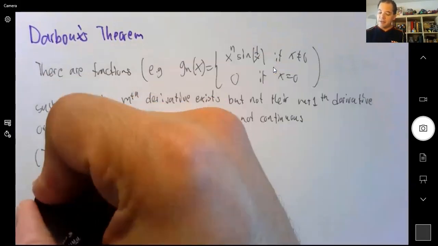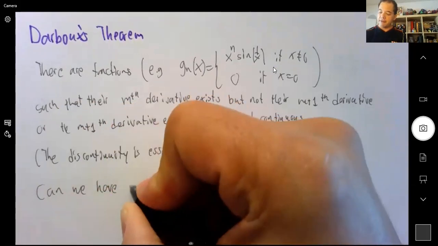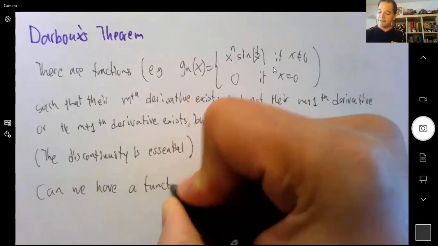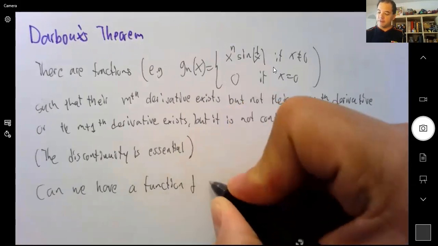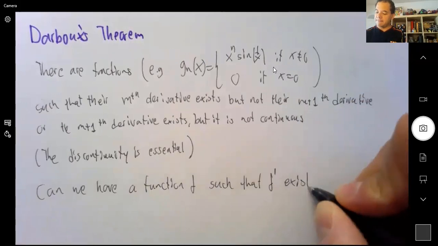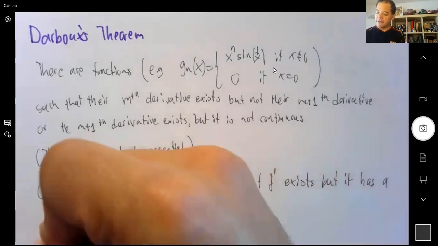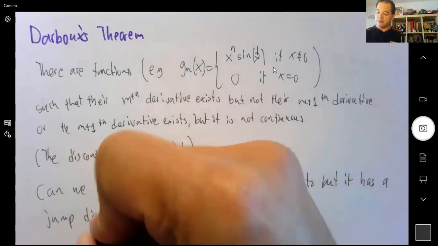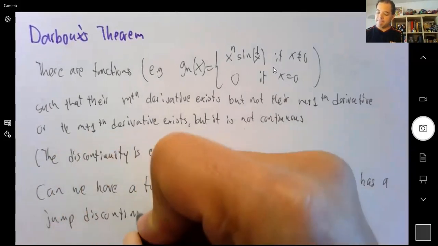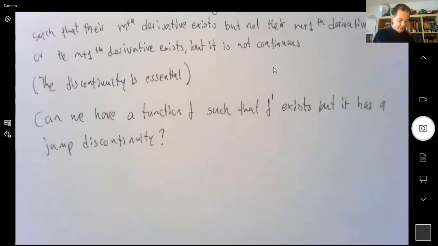So can we have a function f such that f prime exists, but it has a jump discontinuity? Okay, and the answer to this question is no, and that's what we're going to be doing today.